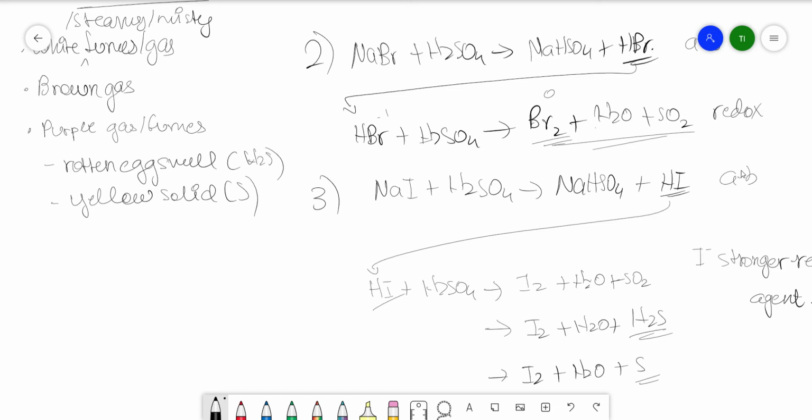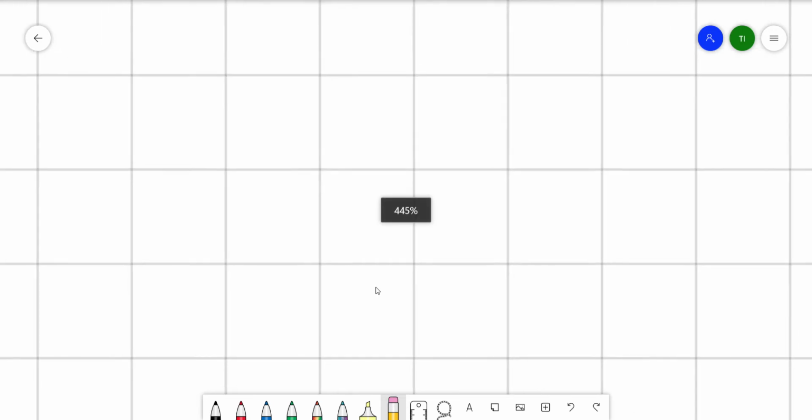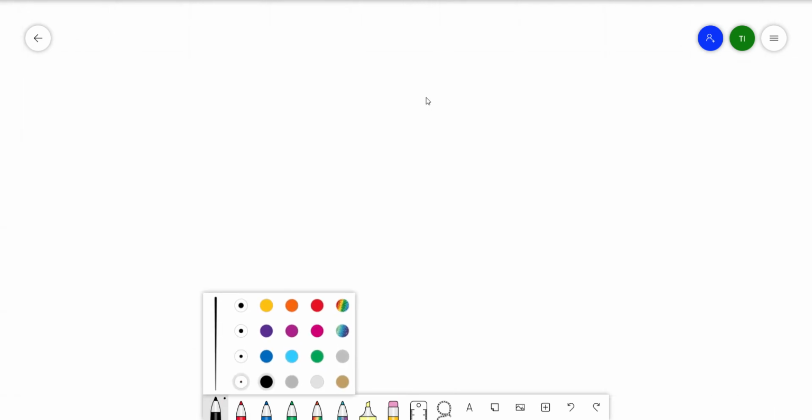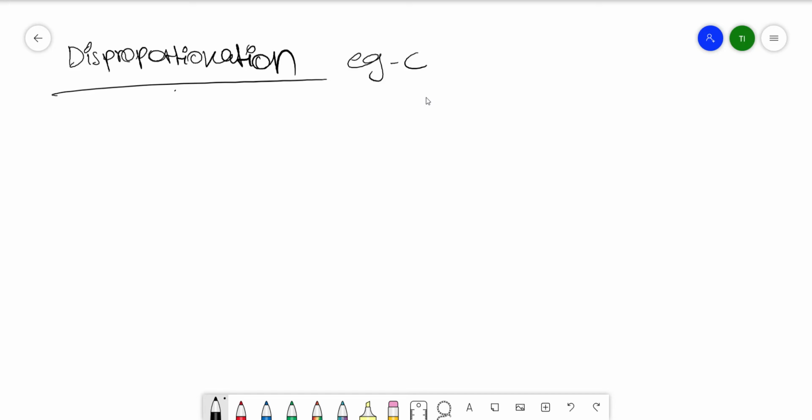Anyway, we'll move on to the next part of this lesson, which is disproportionation reaction. In disproportionation, we just use the example chlorine.